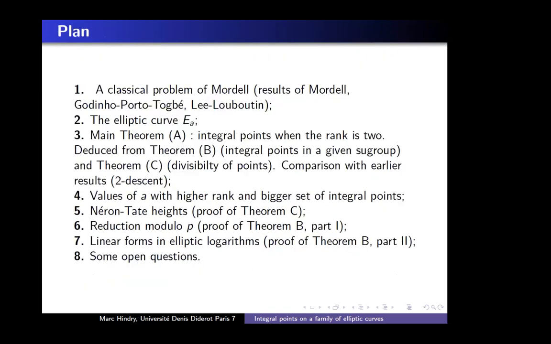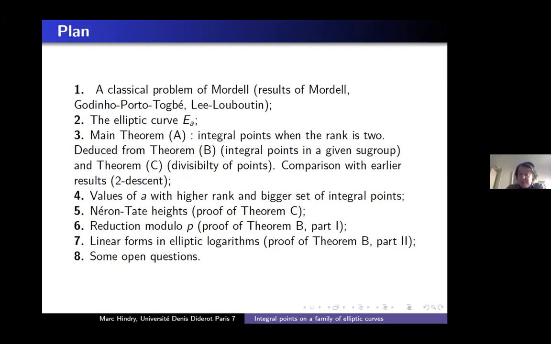So sorry, I will give the plan of the talk. So the beginning is a very classical number theory problem that was suggested by Mordell in the 60s. There was subsequent work by Emma Godinho-Porto-Togbé and then Lee-Louboutin. So all this work was essentially algebraic number theory, factorization in Dedekind domains.